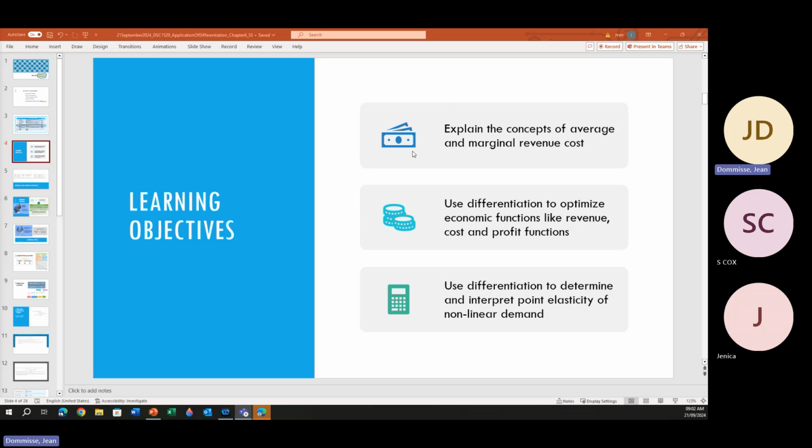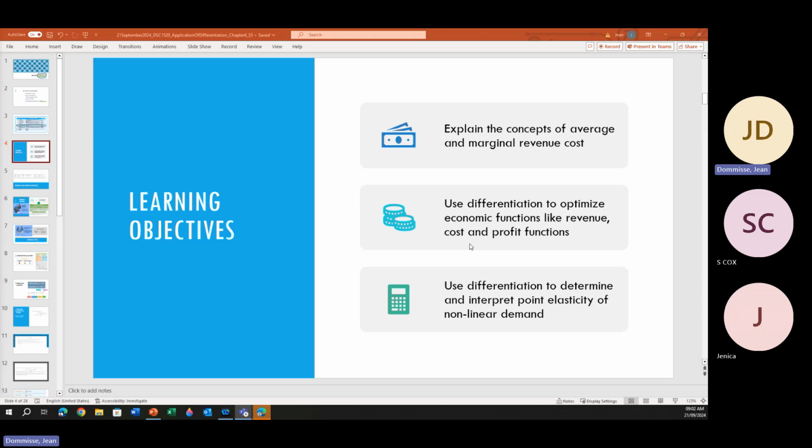So things that we will need to look at and be able to do is we need to be able to explain what is average and marginal revenue cost. Then we will use differentiation to optimize.